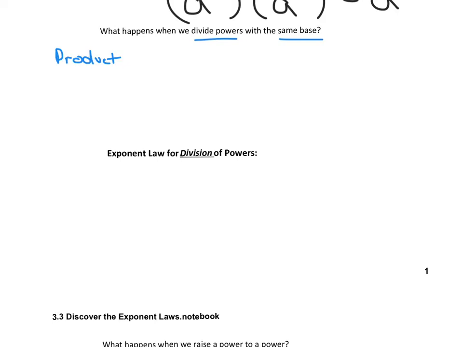Just flip it down so you can take notes. 6 to the power of 5 divided by 6 to the power of 2. Let's look at this in expanded form. It would be like saying 6 multiplied by itself 5 times.